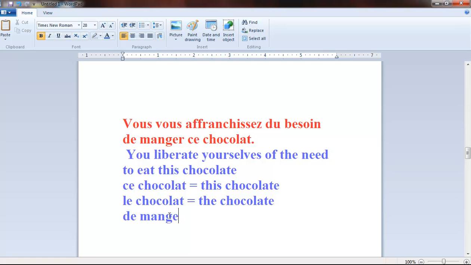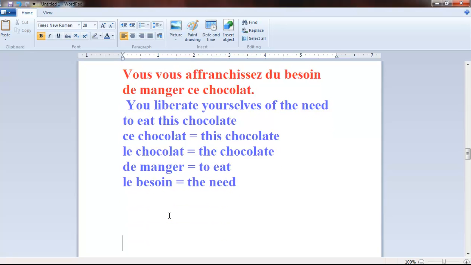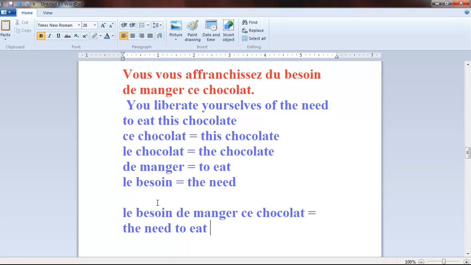De manger, to eat. Le besoin, the need. Le besoin de manger ce chocolat, the need to eat this chocolate.